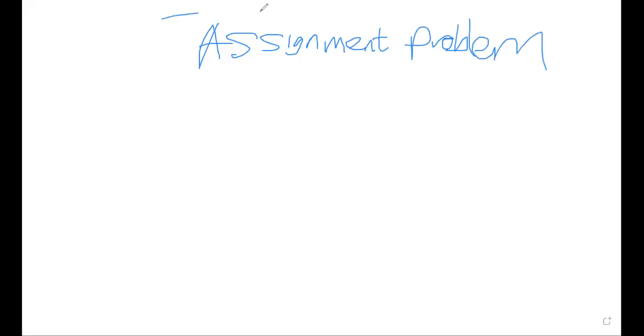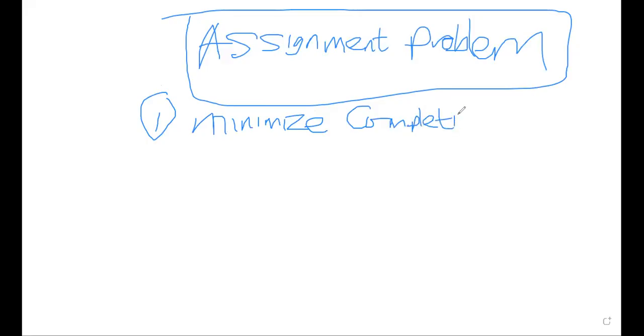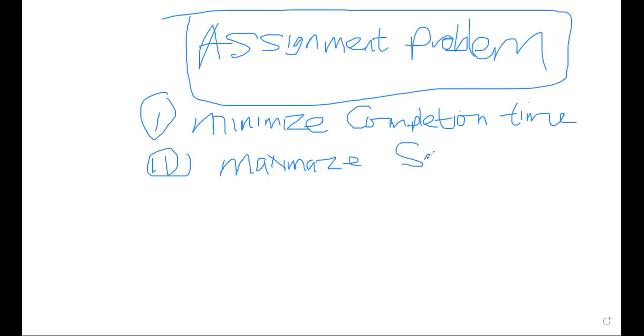In order to minimize the completion time or maximize sales. So number one, objective: minimize completion time, or we maximize our sales revenue.